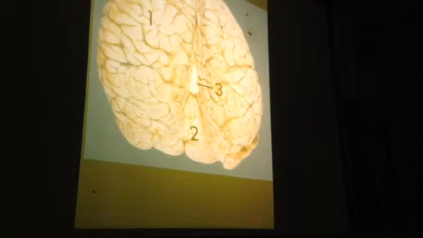I'd like you to have those three defined areas of the brain. And then you see the cerebrum, left hemisphere, right hemisphere, longitudinal fissure separating them. You look down in the fissure, you see the great bridge, corpus callosum, connects them together.